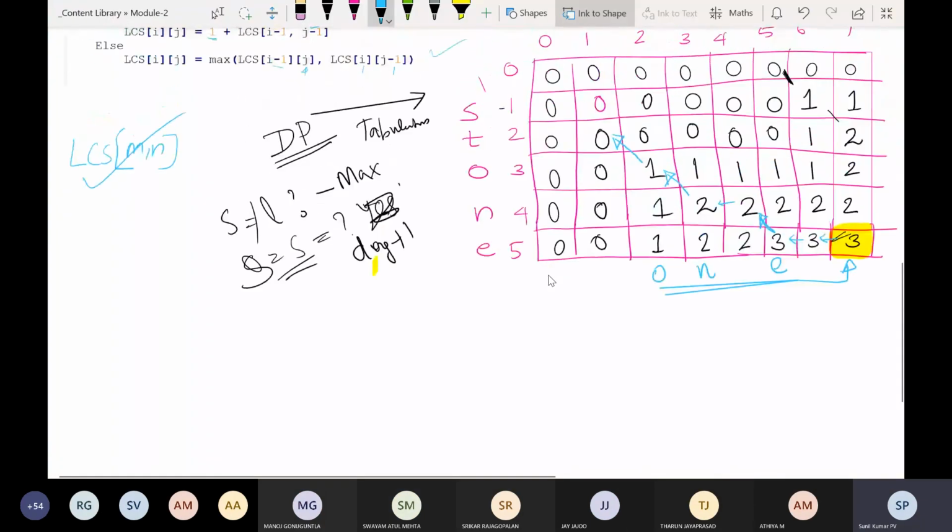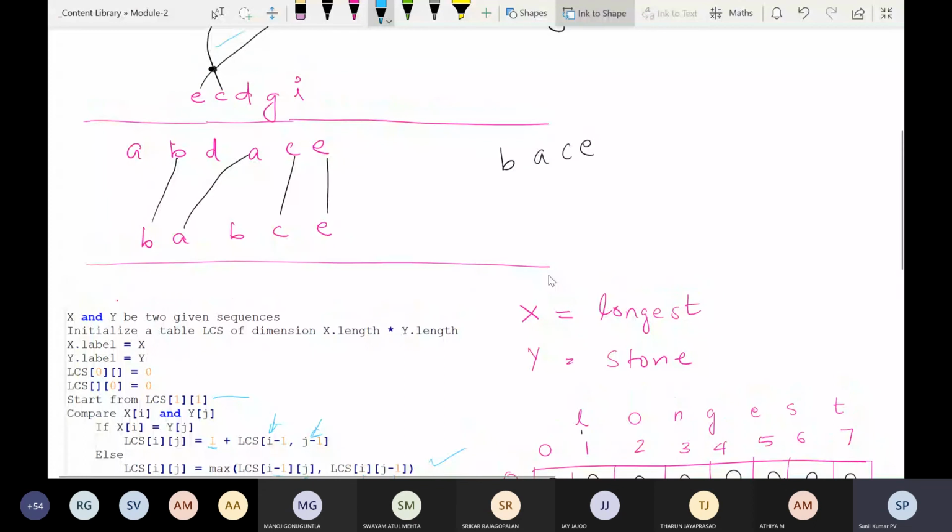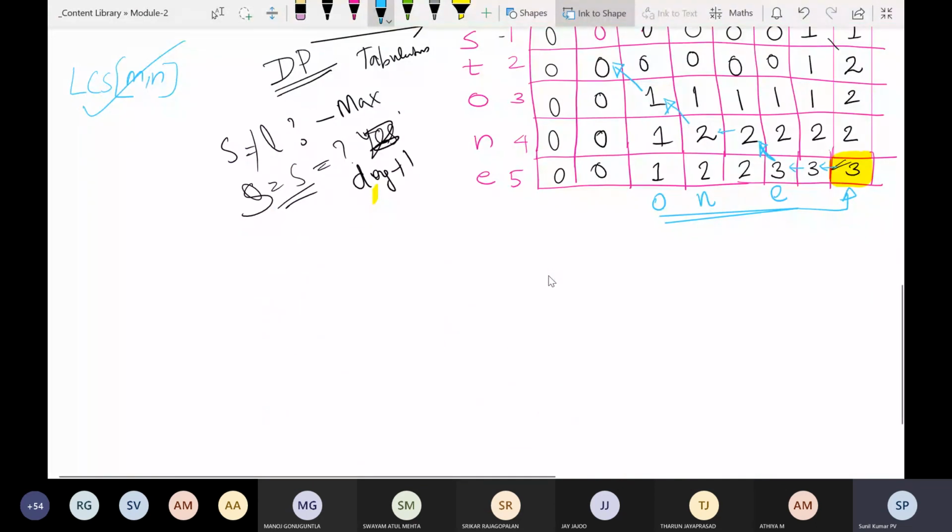So everyone listen here. I will write it here. If the length of the subsequence is equal to the length of the string, it is yes. Otherwise, no. So for the lab exercise, what you can do is find the longest common subsequence length.